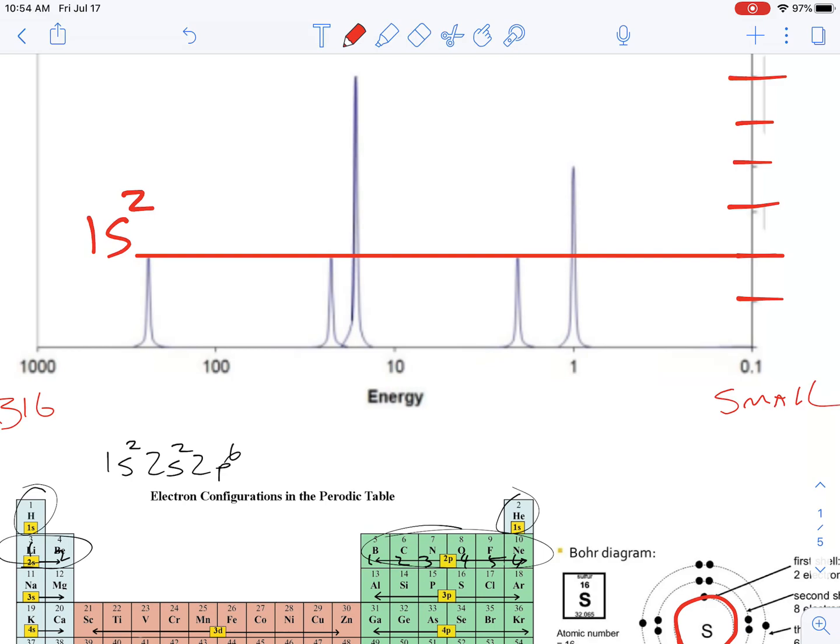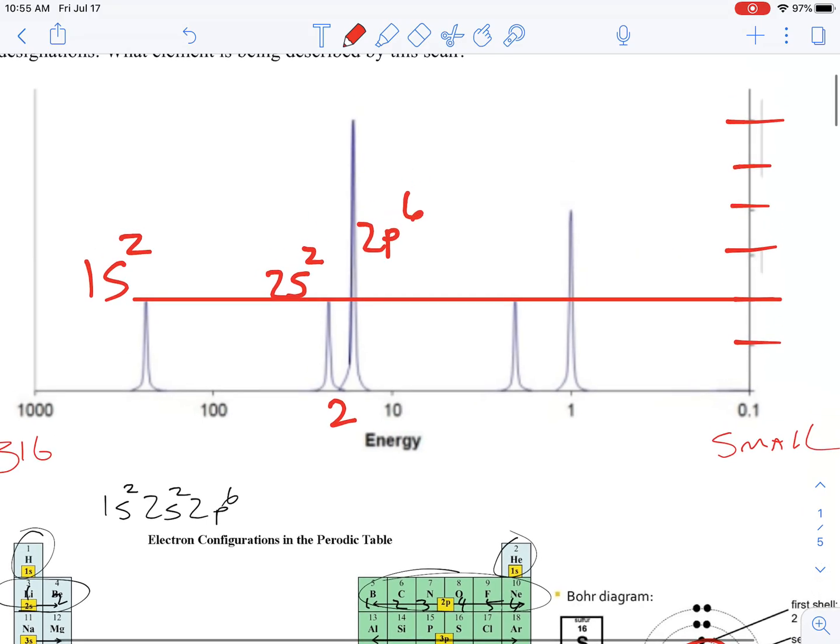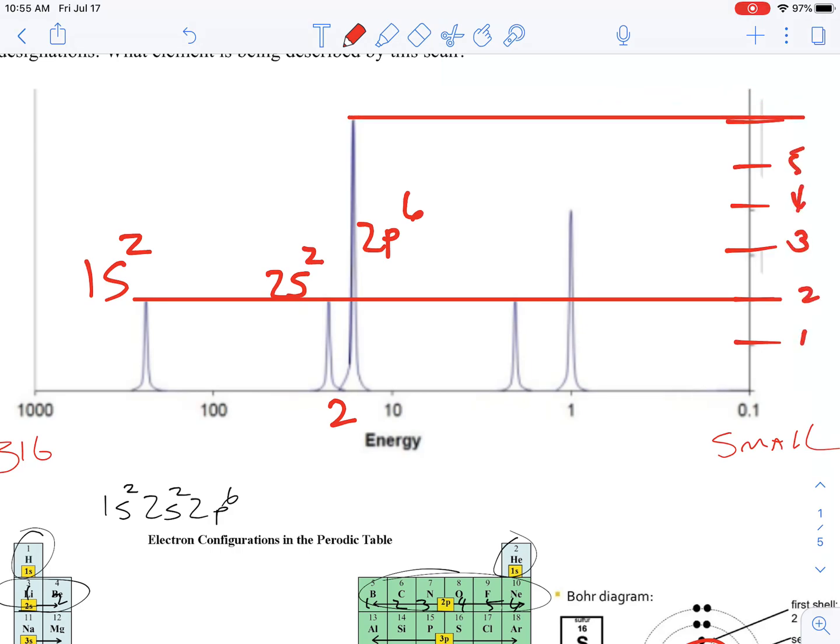And then this next peak coming over, that's going to be level 2, except that level 2 is split into the 2s and the 2p. So this guy here is going to be your 2s2, and this guy here is going to be your 2p6, because again, if we count up to the top here, then this guy here is going to be your 6. 1, 2, 3, 4, 5, and 6th zone up there.